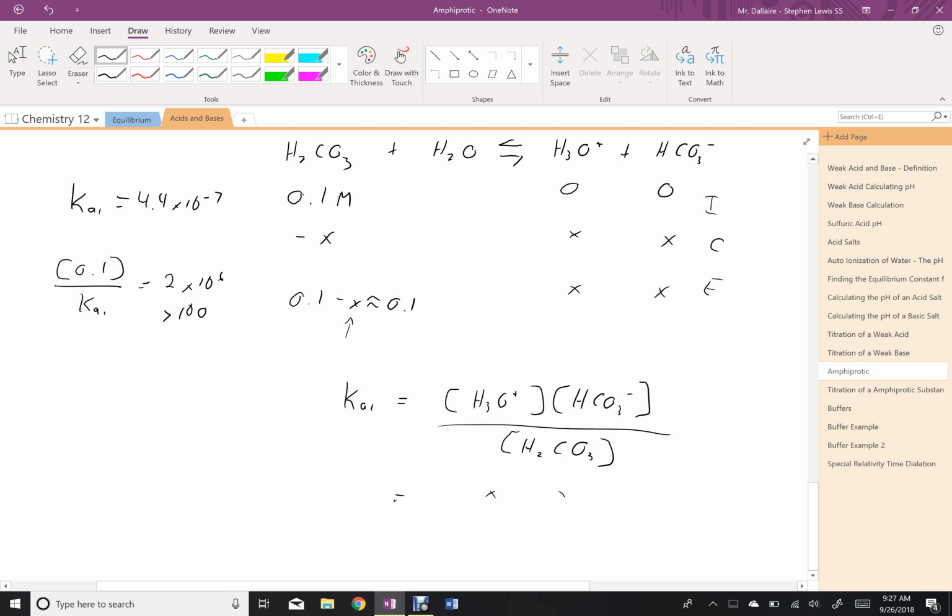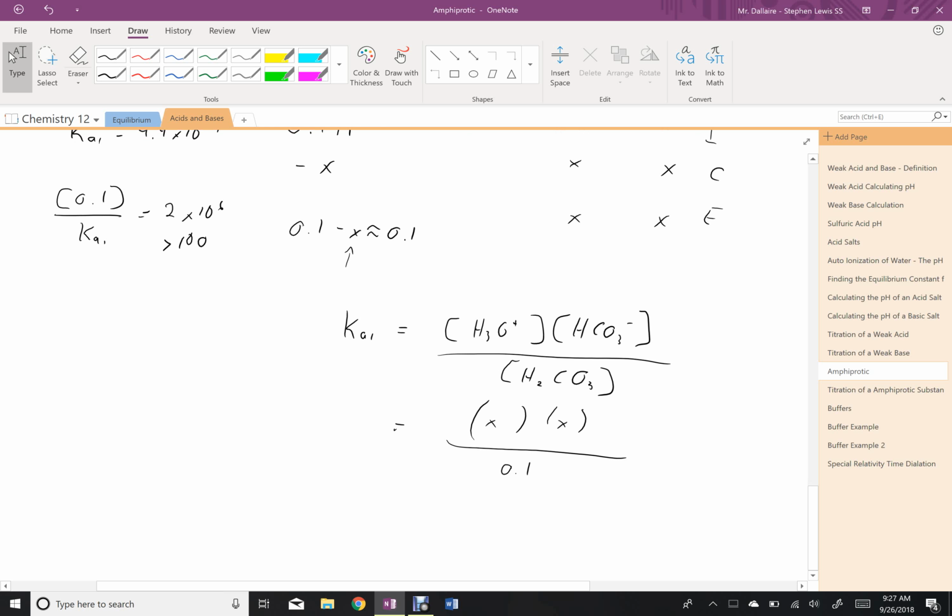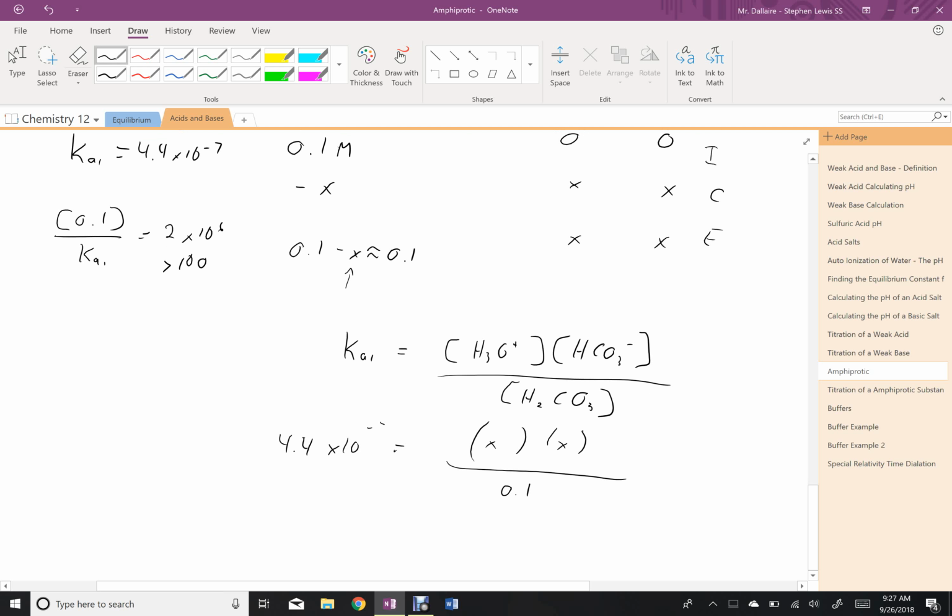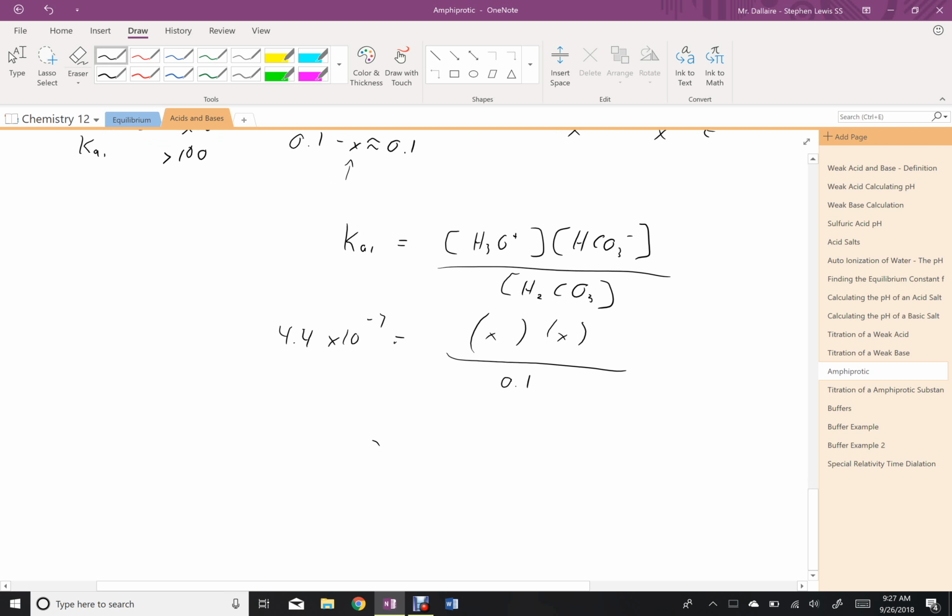So I got x squared over 0.1 minus x, simplified to 0.1 because of the 100 rule, equals 4.4 times 10 to the negative 7, and so I can solve this for x. 4.4 exponent negative 7 times 0.1 equals, square root that answer, and I got 2.1 times 10 to the negative 4. That's my concentration of hydronium.